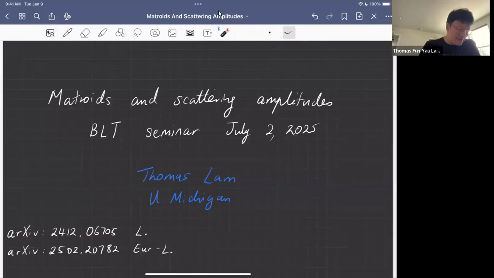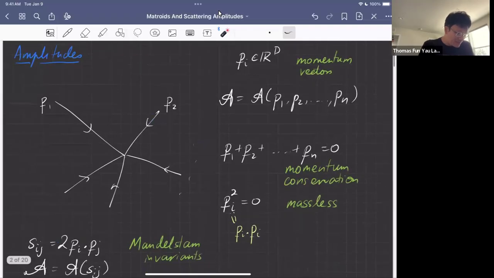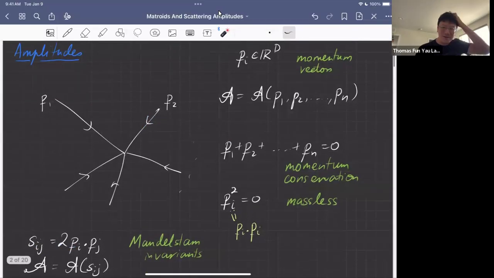So I'm going to start with some physics, which I think is the part that's perhaps the least familiar to the audience here. I want to talk about some functions called scattering amplitudes. The kind of physics to have in mind is that you have a bunch of particles, and you're smashing them together inside a particle accelerator.